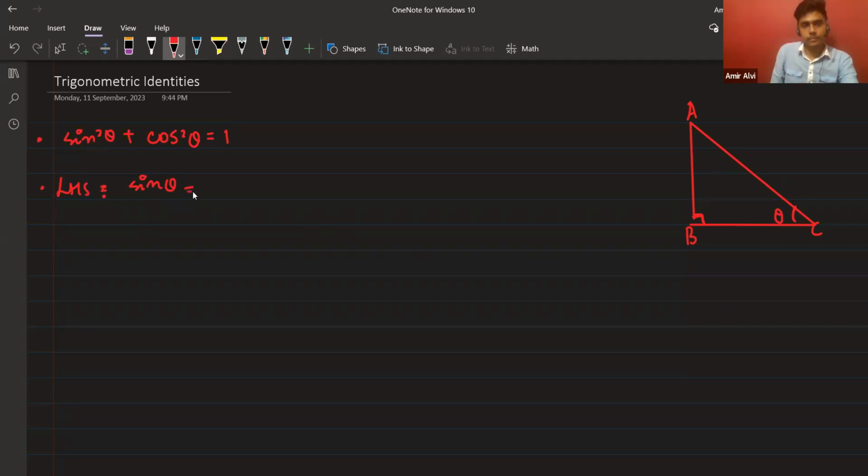In terms of triangle, P by H, perpendicular by hypotenuse, which means AB by AC.